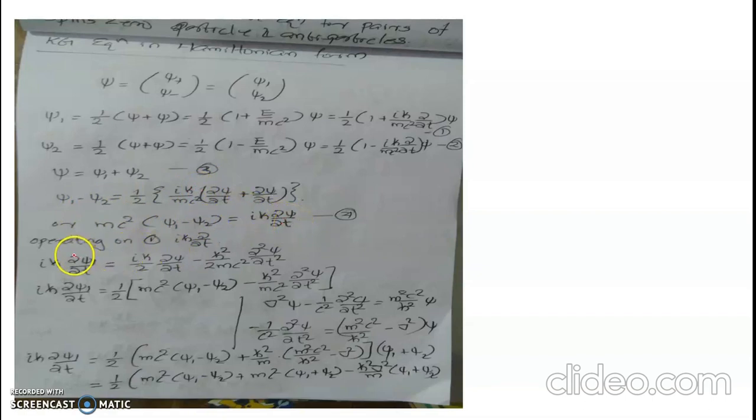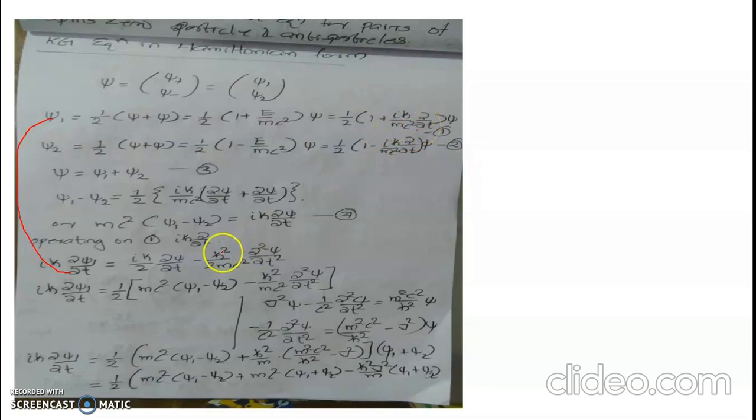Now, operating equation 1, this one, by i h cross dou by dou t, we obtain i h cross dou psi 1 by dou t equal to, here this will be i h cross, and the 1 by 2 I can put outside itself. Anyway, I have taken it into the bracket for the first term: i h cross by 2 into dou psi by dou t plus i h cross by mc square into dou by dou t, which is to be operated by i h cross dou by dou t.